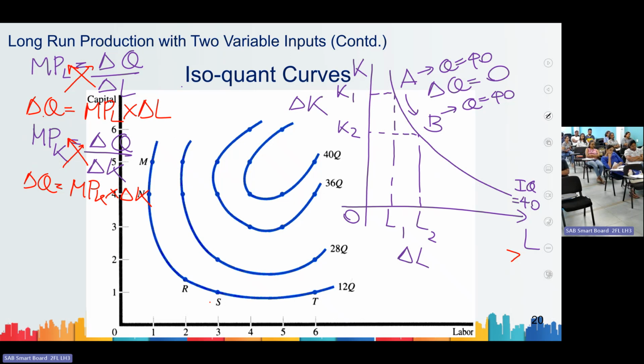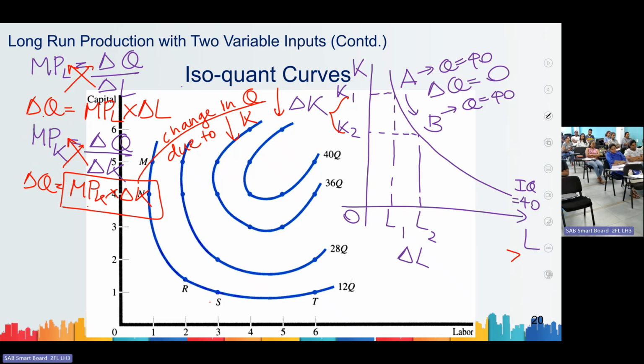So here you observe capital decrease. As a result of this decrease in capital, what is the change in output? Change in output due to this fall in capital is this.